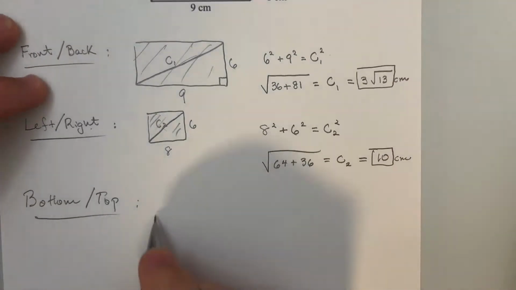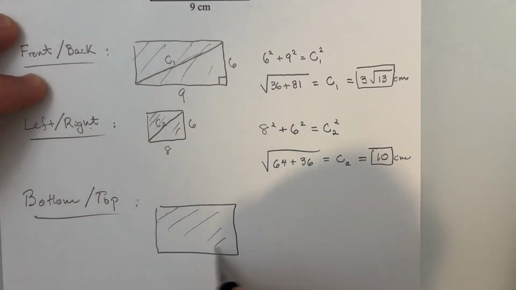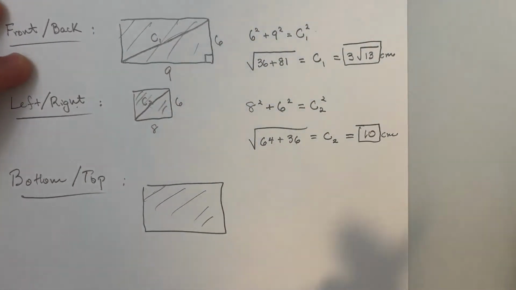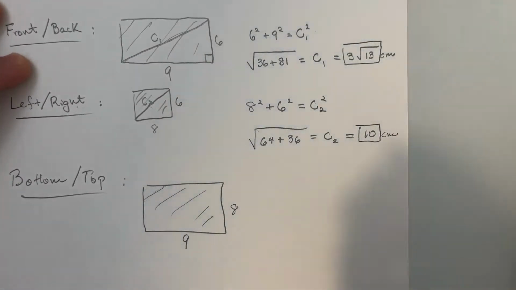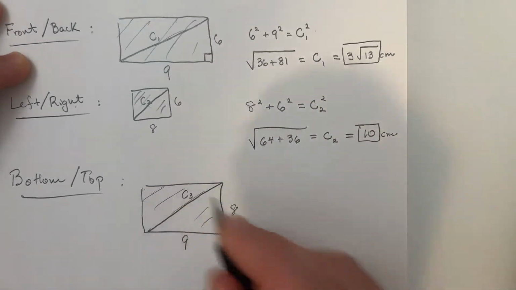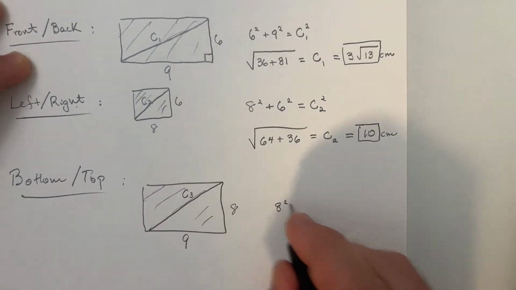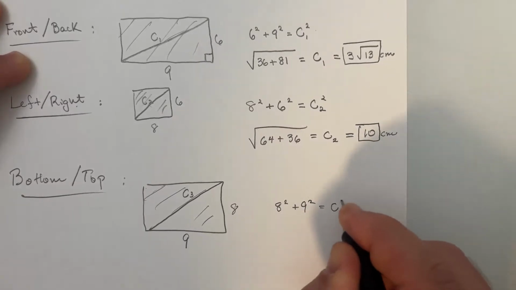So we have the rectangle. And we'd have 9 across here, and it's 8 across there. So we're looking for C3. So 8 squared plus 9 squared equals C3 squared.